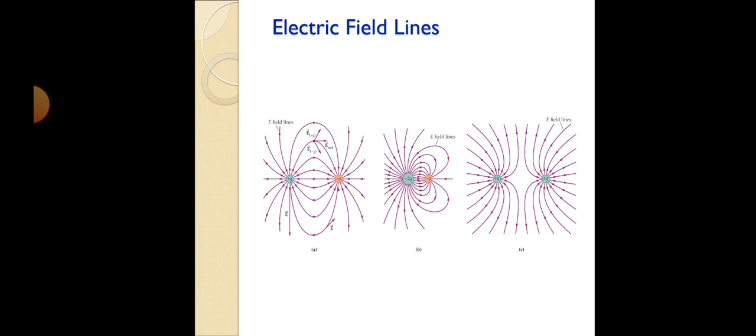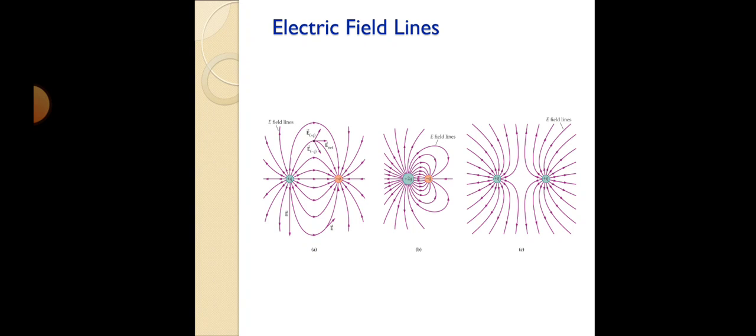Two positive charges are given in the right side diagram C. Here the electric field lines repel each other because they are the same charge. And they do not intersect each other. The electric field lines do not intersect each other.